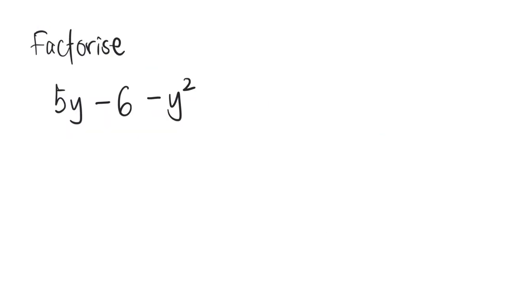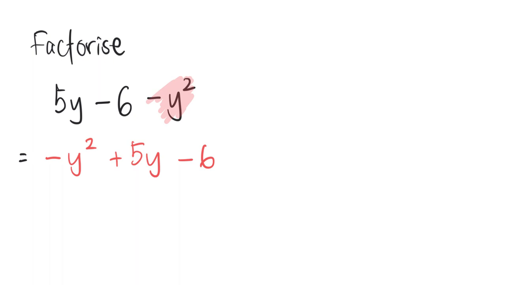Hello everyone, welcome to this video where we are required to factorize the following. And I saw that my y square term is placed at the end. I am going to rearrange them so that my negative y square is in front, my positive 5y is in the middle, and my negative 6 is behind.